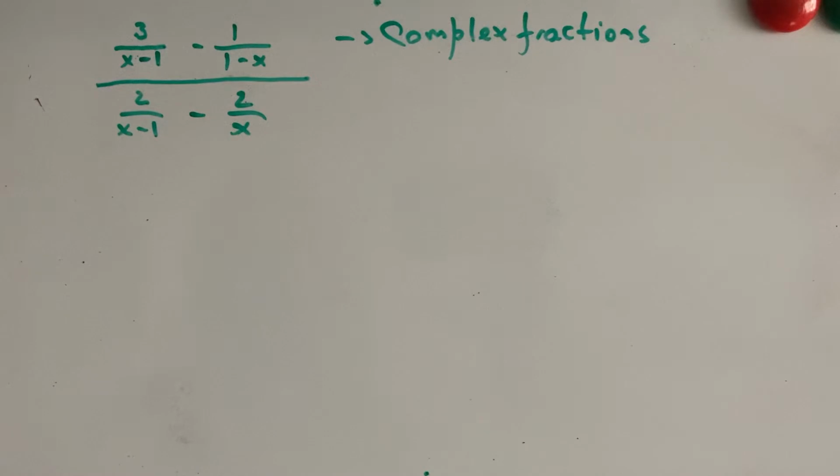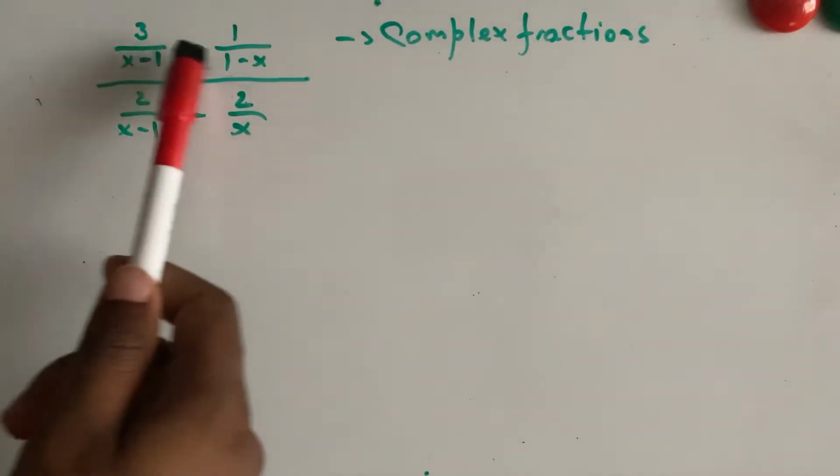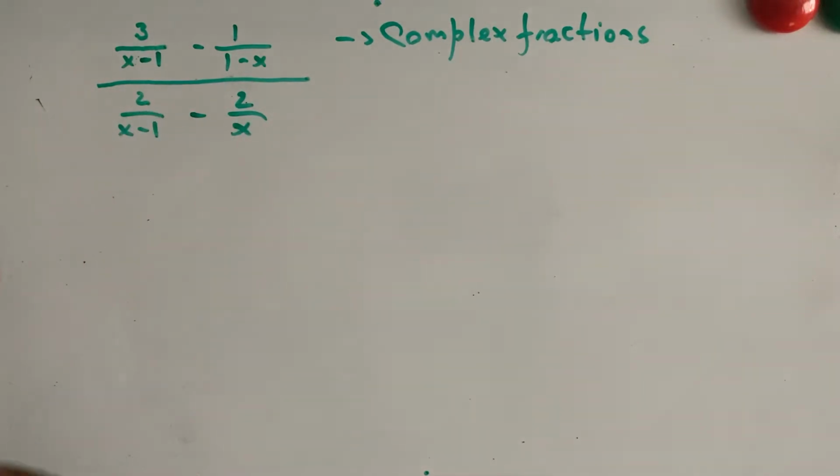Okay, one thing to keep in mind, guys, is that whenever you have a complex fraction like this, you just need to try to get rid of the denominators as much as you can, okay? So in this case here, I'm gonna try to get rid of these denominators.